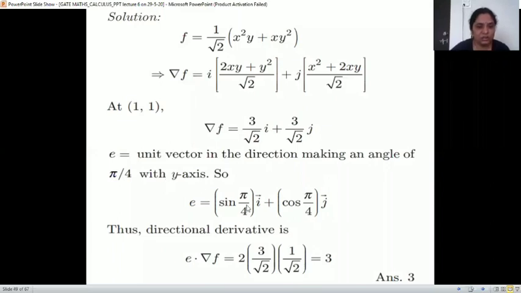So this is the standard one. It is equal to sine pi by 4 i bar plus cos pi by 4 j bar. Just note down.